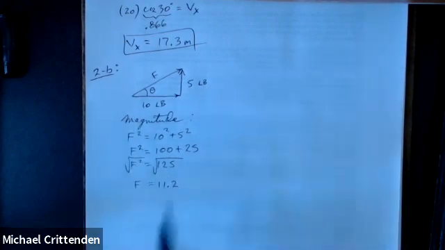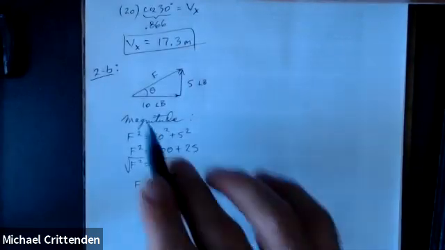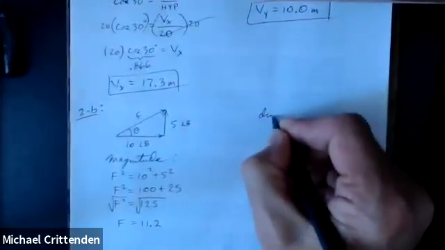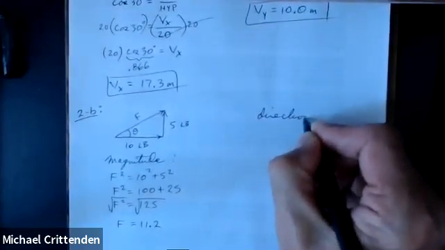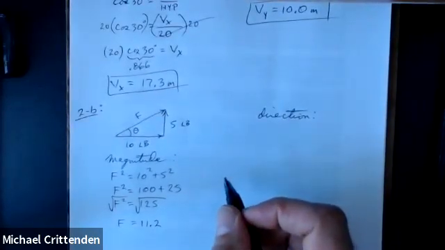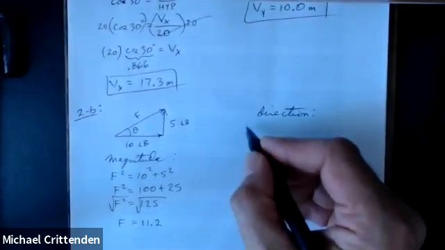Remember I said earlier, if this is a quiz and you stop here, you're going to lose several points because there's another whole calculation to do to figure out the angle. So for the direction, well, I decided to use the tangent.